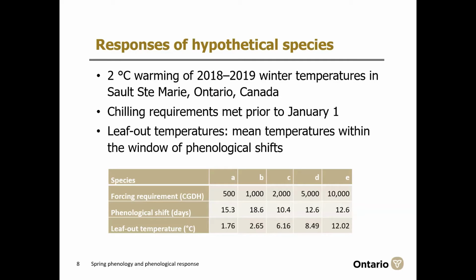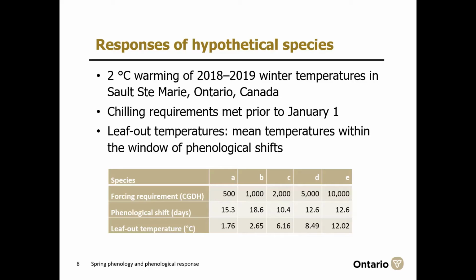Marie, Ontario. We assume the chilling requirement is met prior to January 1st, prior to the accumulation of spring forcing, which typically occurs after March. This is the basis of a forcing model, and likely true for an area of long cold winter like Sault Ste. Marie.